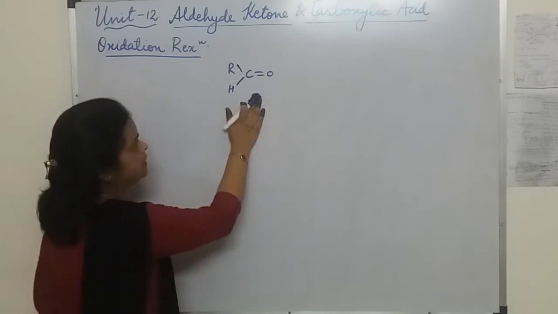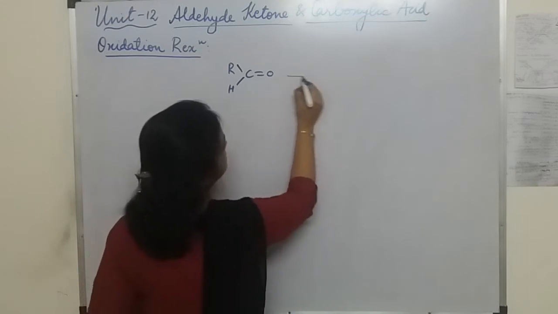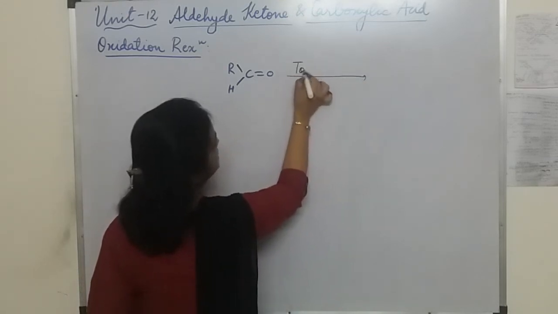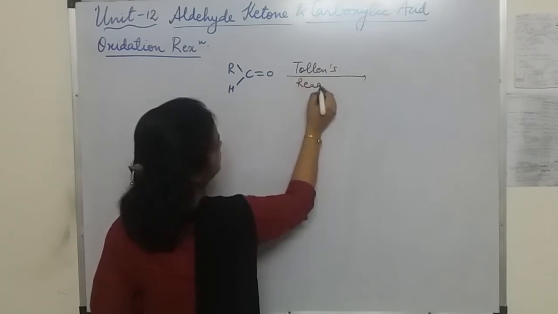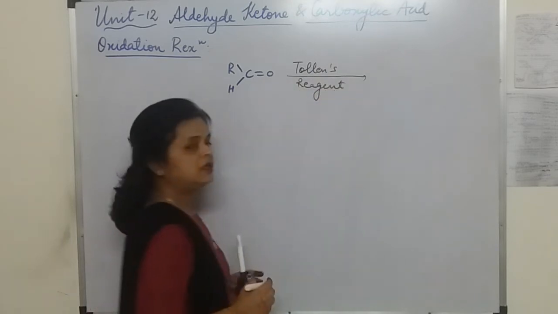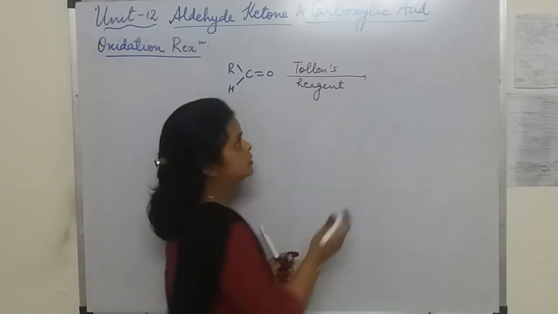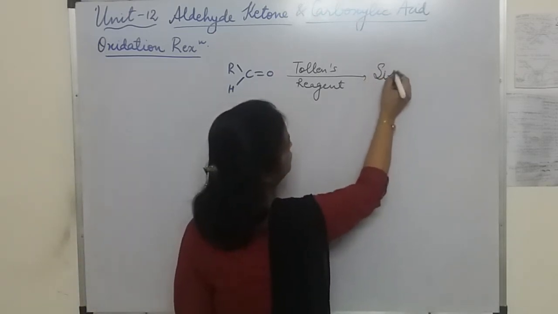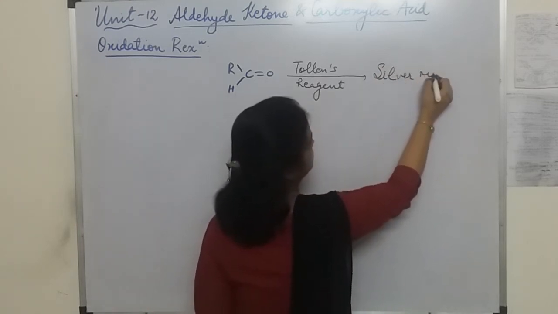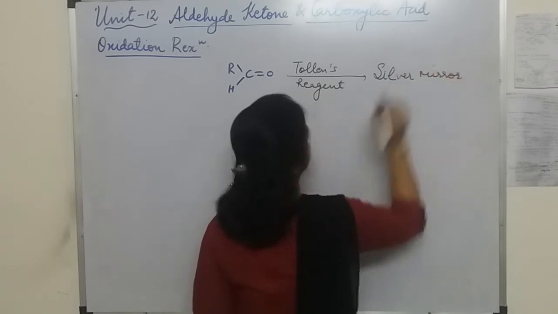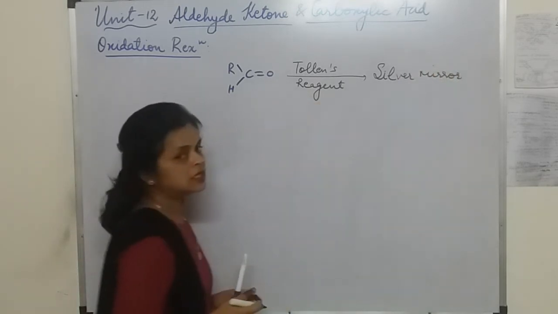The aldehyde, when it undergoes oxidation with Tollens reagent, then they form a silver metal which shines like a mirror. So this is also called the silver mirror test. Aldehydes on reacting with Tollens reagent form the silver mirror.